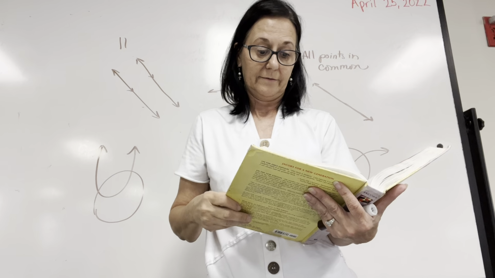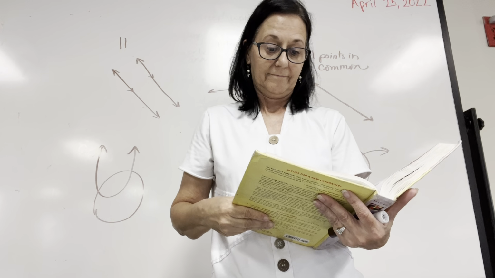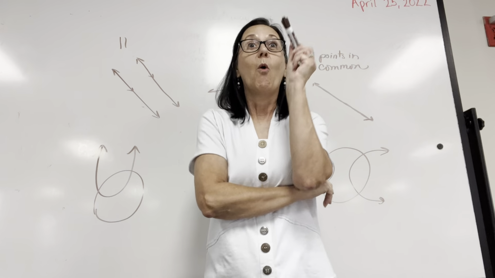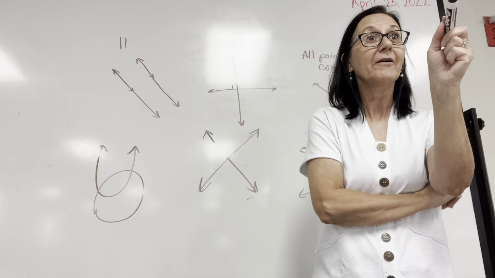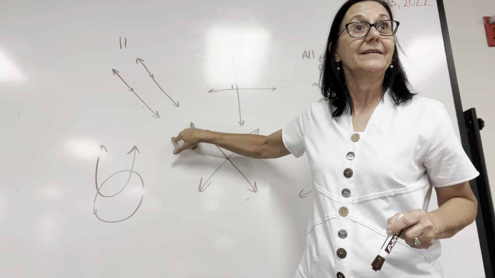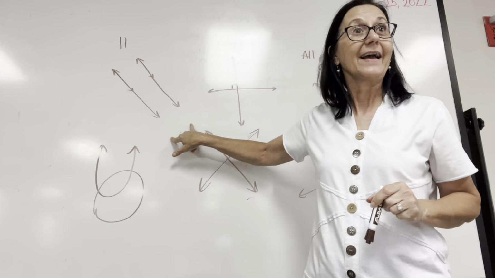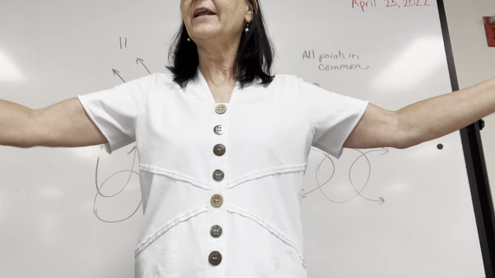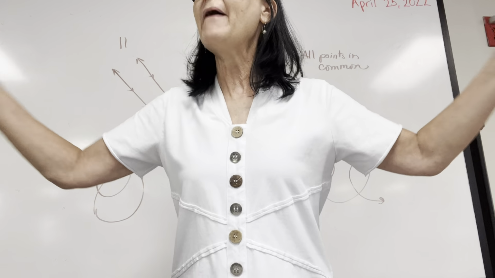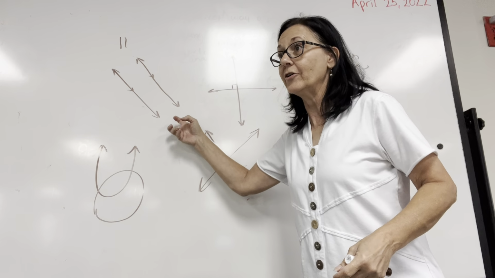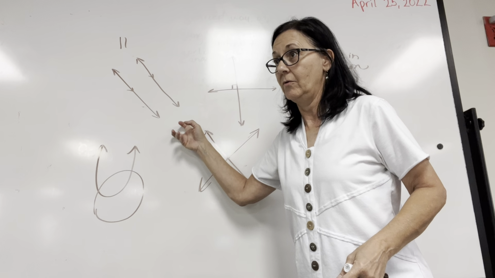That is correct. And for 2 lines to be parallel, they both have to be on the same plane. What is the requirement for lines to be parallel? They have to lie on the same plane. That is correct. We do not call non-coplanar lines parallel. We call coplanar lines parallel.